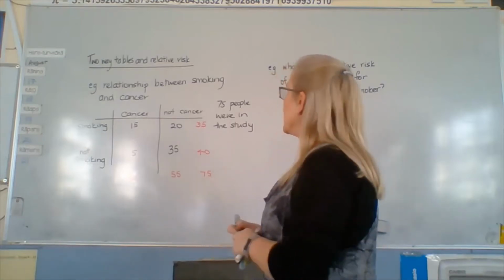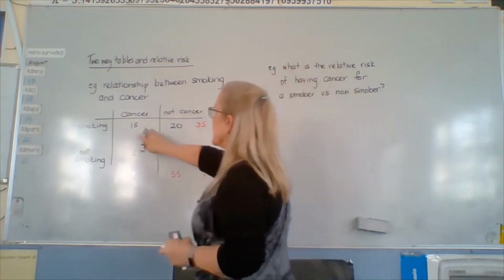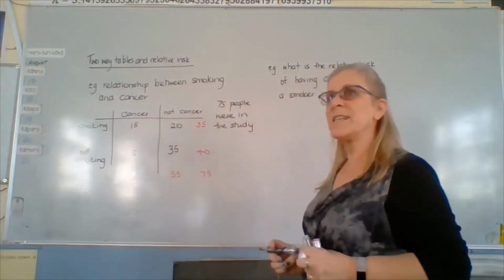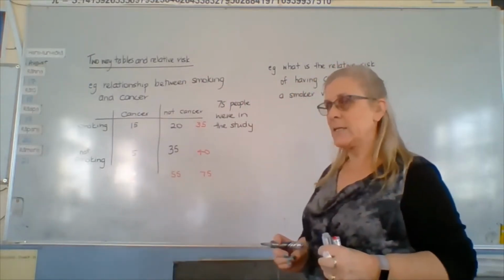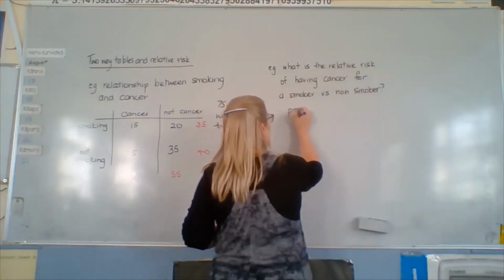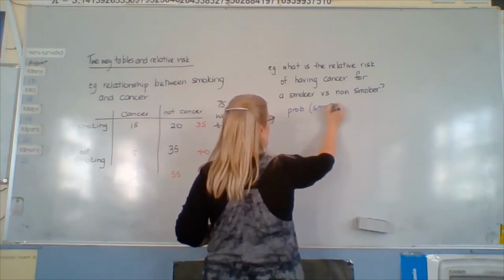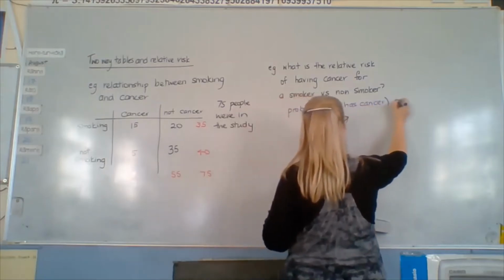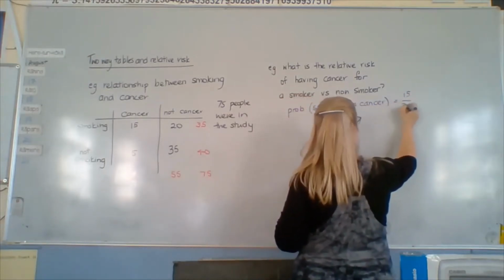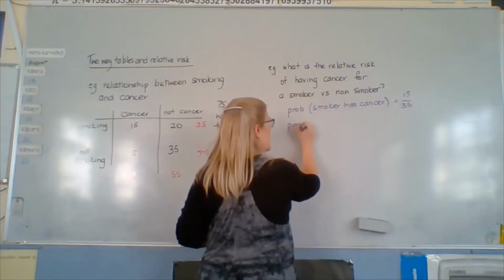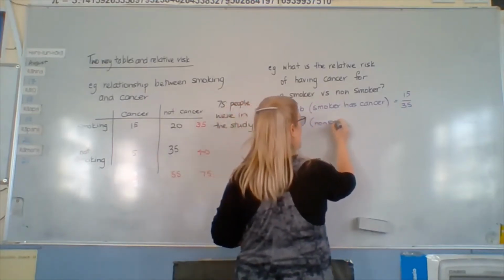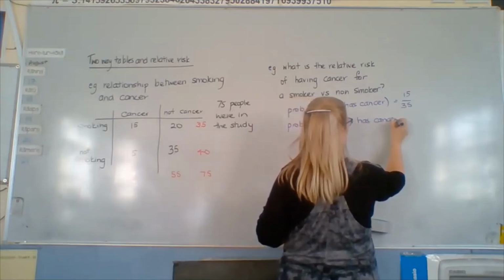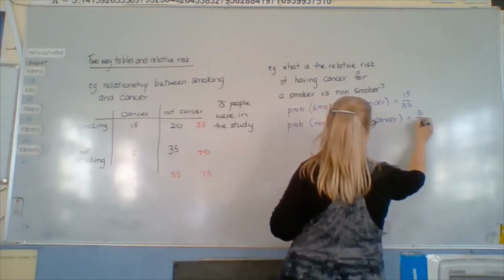So the probability that a smoker has cancer is 15 out of 35, and the probability that a non-smoker has cancer is 5 out of 40.